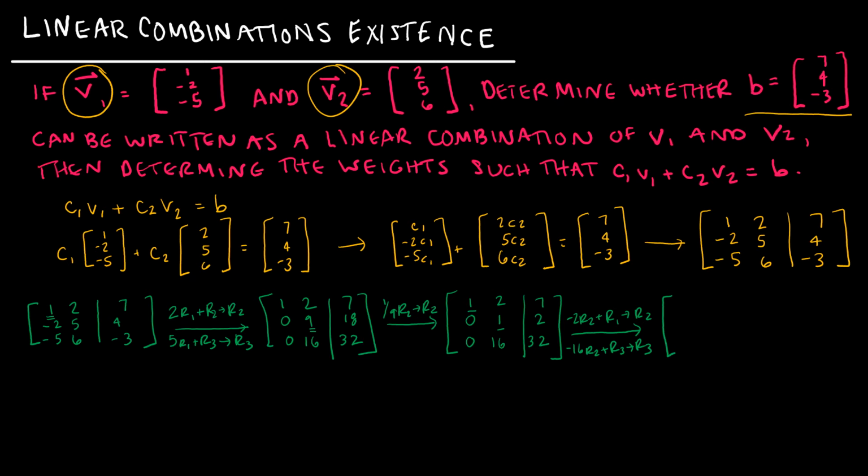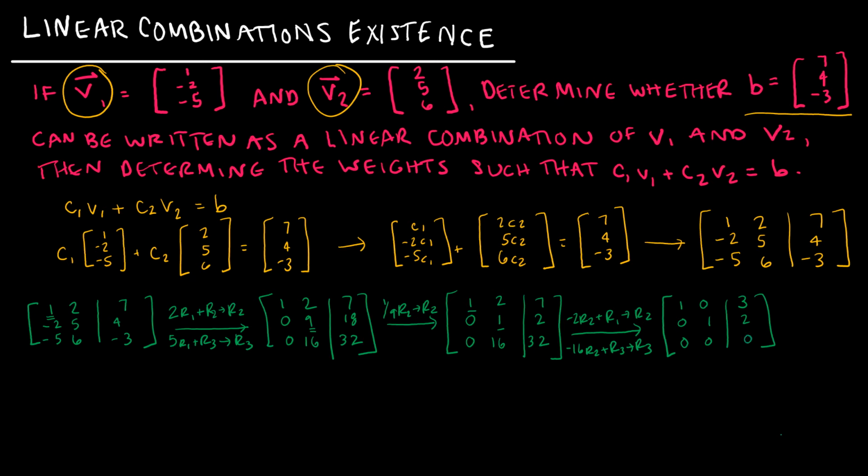So that's going to give me this guy in the middle, exactly the same as before. My new row 1 is 1, 0, 3, and my new row 3 is 0, 0, 0.